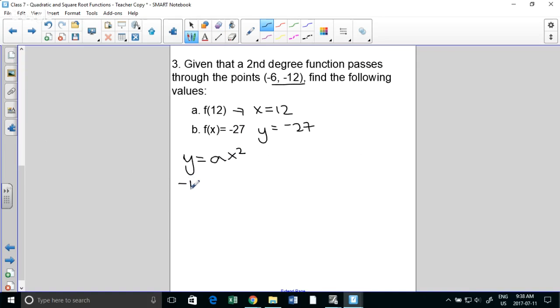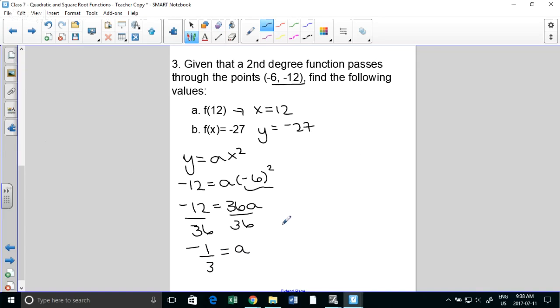I have -12 and -6 squared. -6 squared is 36, and I divide by 36 to give me -1/3. So my rule is y equals -1/3 x squared.